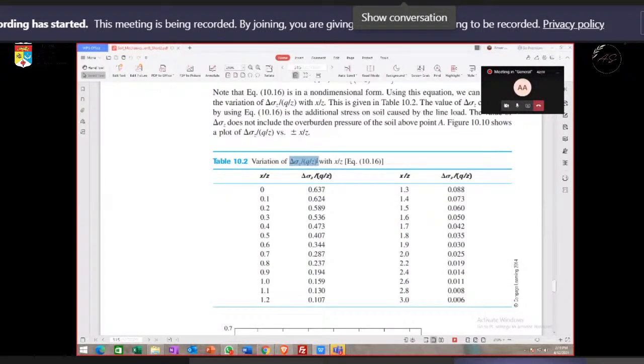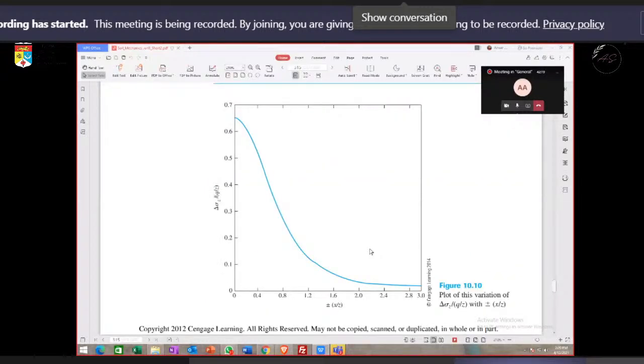So we can just use the table, for example, table 10.2. And we can also use figure 10.10 here to calculate the increase in stress. Okay. Example also given.